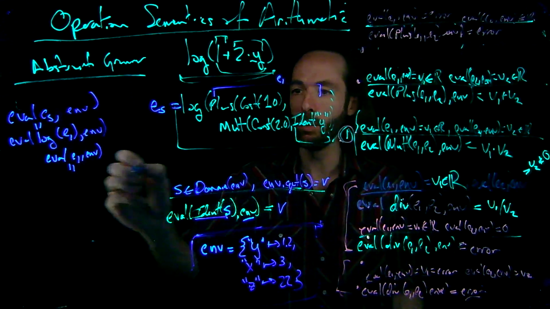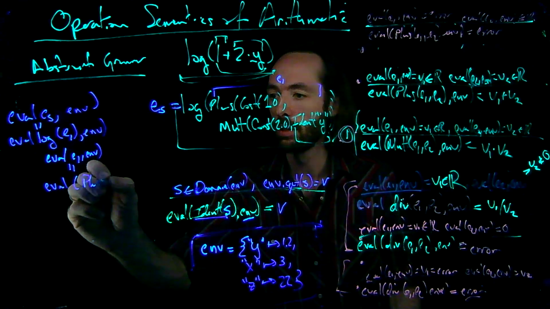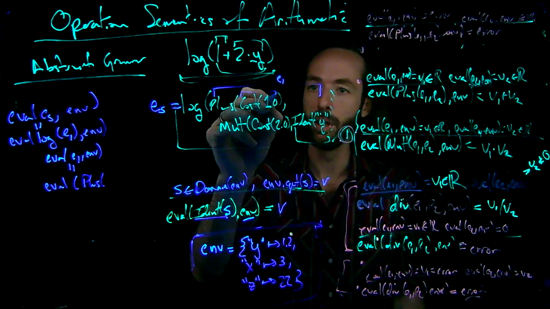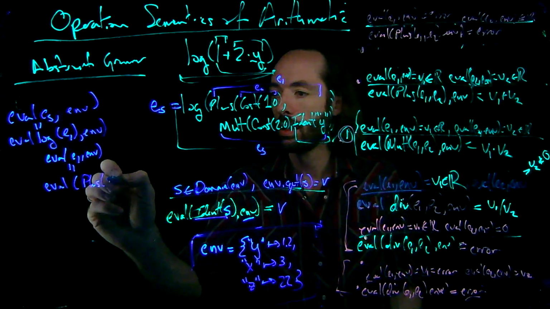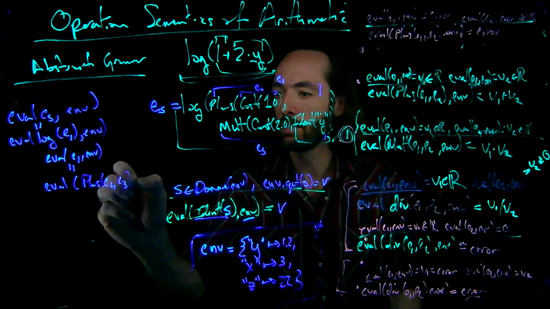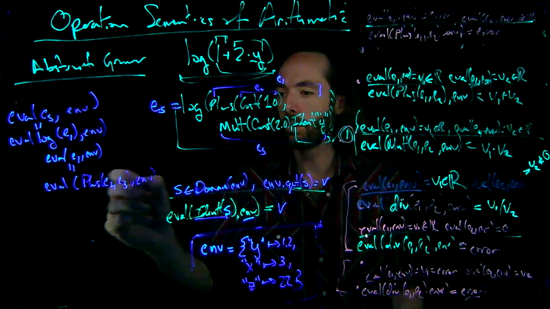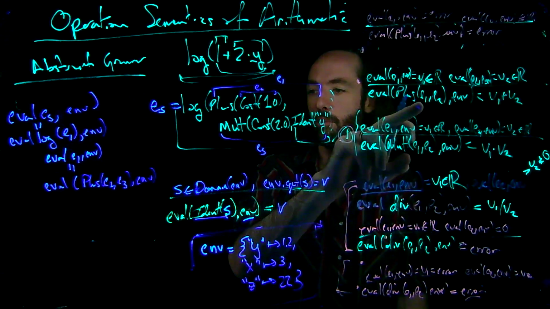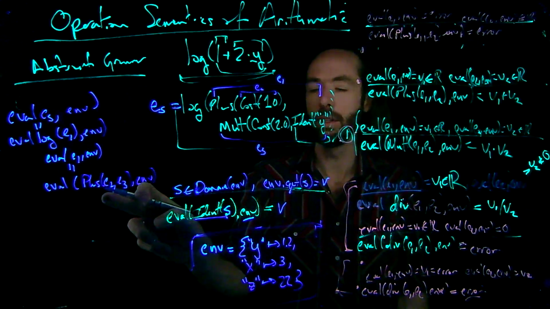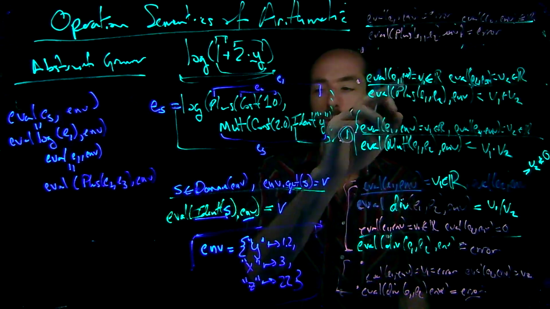Well, let's rewrite e1. e1 is this whole thing here. So we have eval of plus of, I'm going to call this one e2 and this whole thing e3, e2, e3, under the environment. How do we evaluate this? We can look at our plus rule: I have plus of e2 and e3. So what do I need to do? I need to evaluate e2 first.